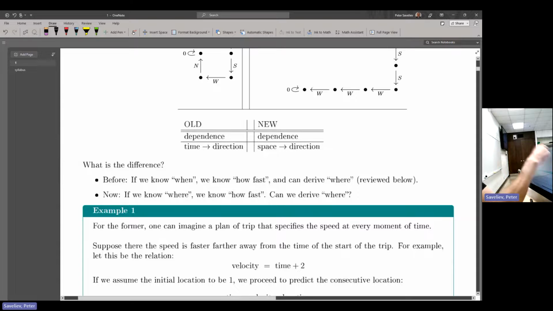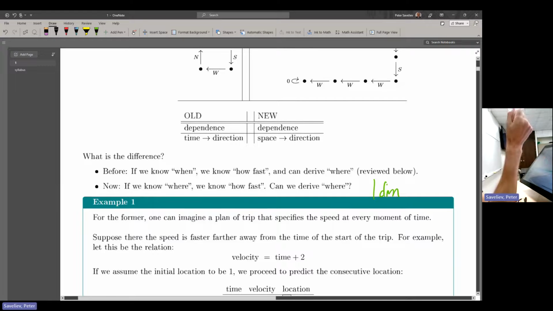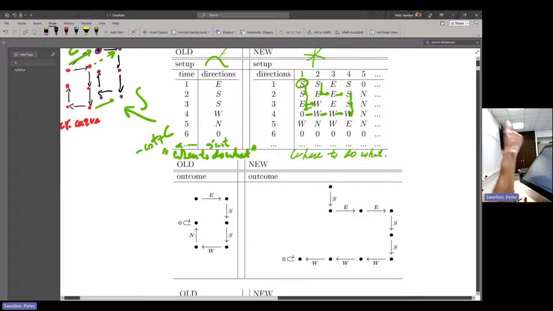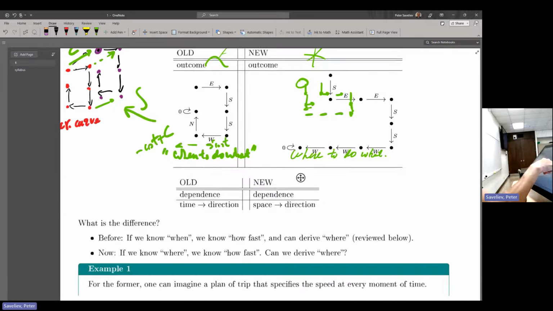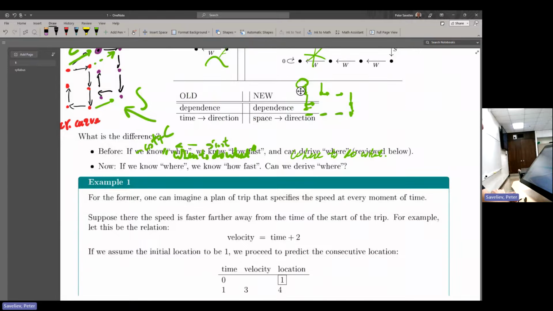Let's take an example of this motion, and once again I'm going to one-dimensional situation. This is the simplest situation. We imagine we are planning a trip that specifies the speed at every moment of time. Whether this trip is on a plane, you're hiking through the woods, or you are driving at different speeds at different times.